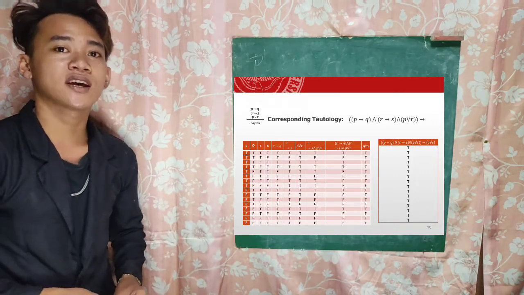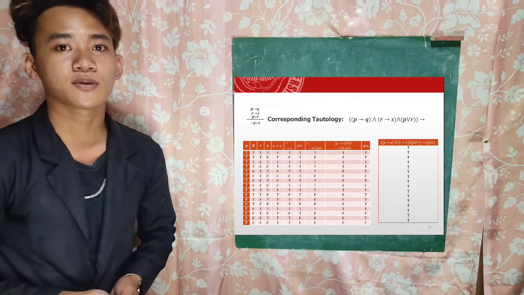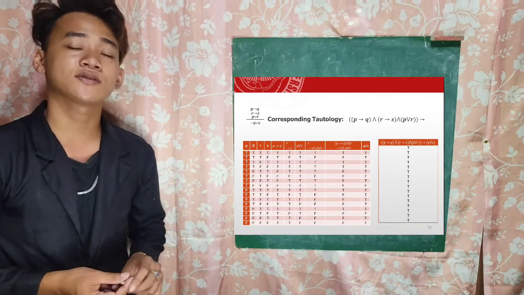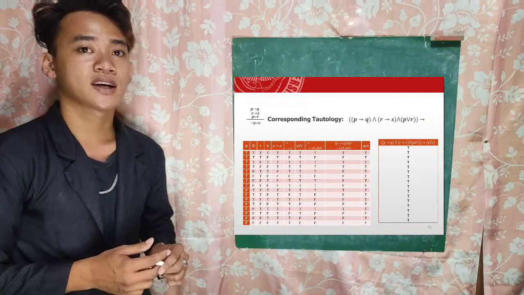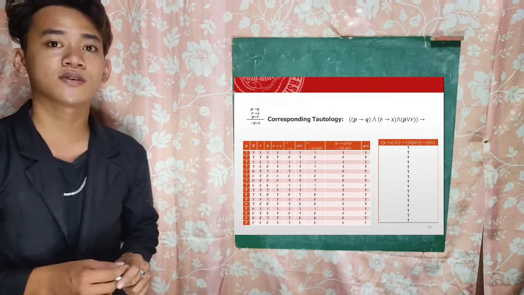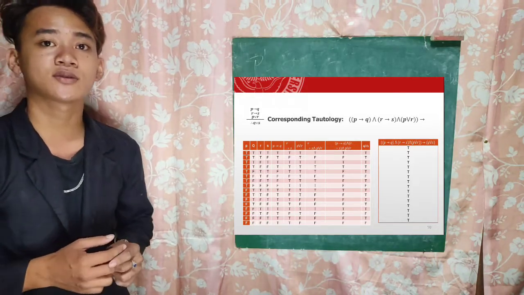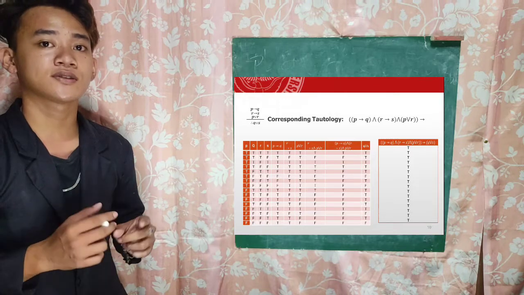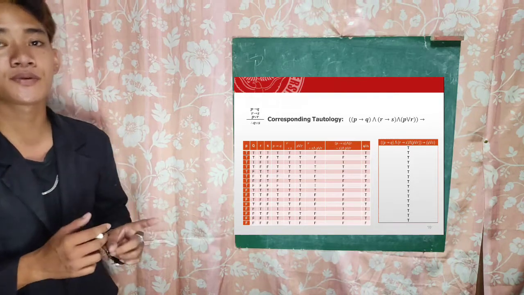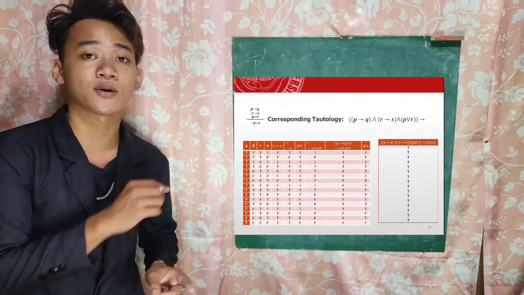So the P this time is true, true, true, true, true, true, true, true, false, false, false, false, false, false, false, false, and the Q is true, true, true, true, false, false, false, false, true, true, true, true, false, false, false, false, and the R is true, true, false, false, true, true, false, false, true, true, false, false, true, true, false, false, and the S is true, false, true, false, true, false, and so on.